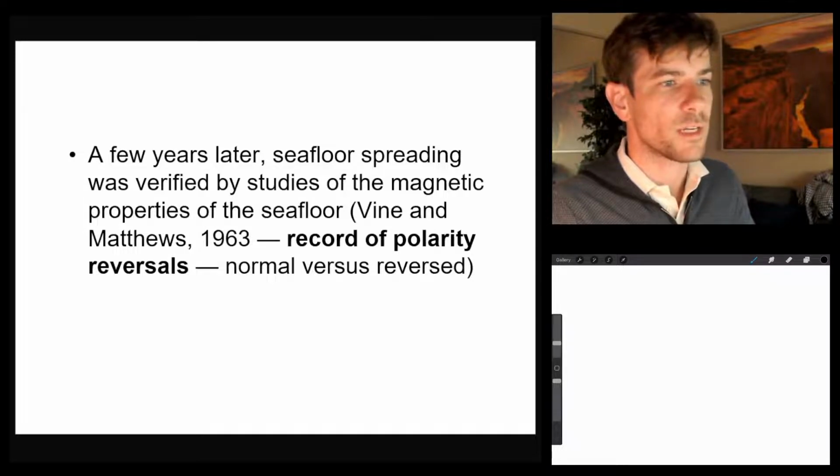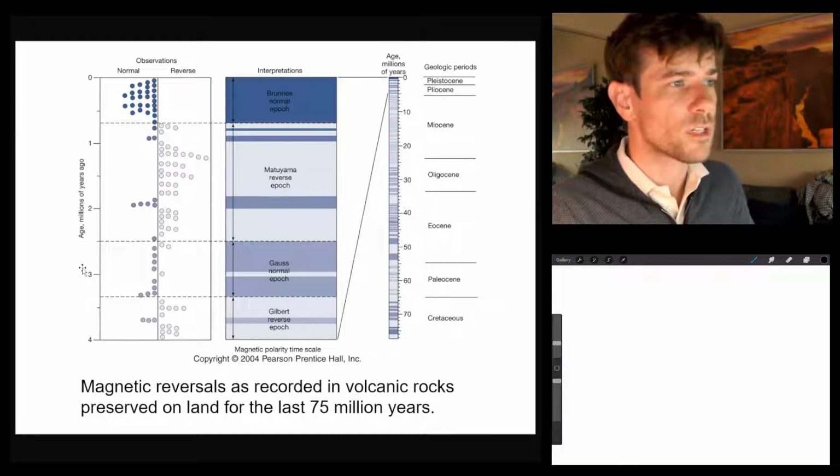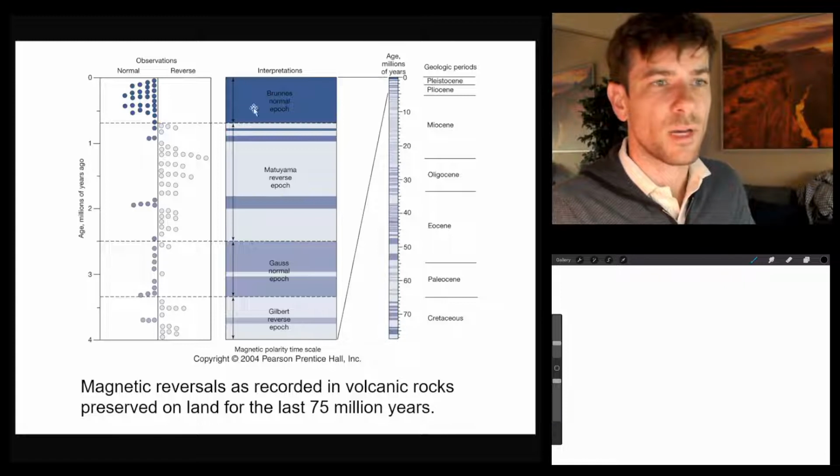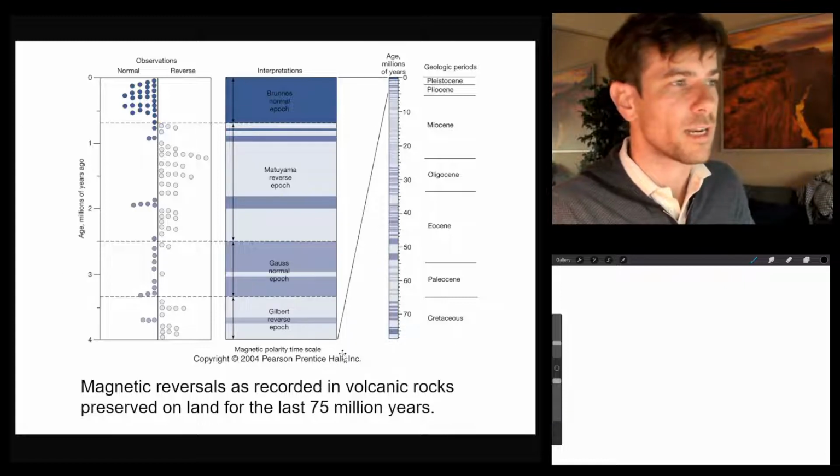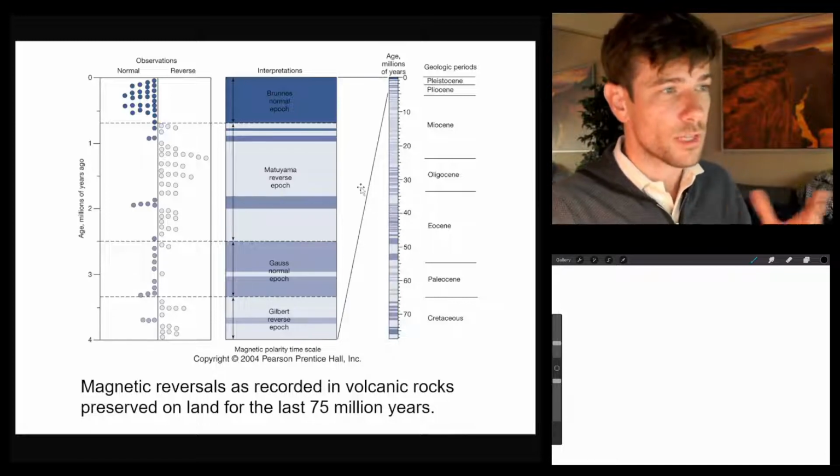We talked a bit about the initial evidence for seafloor spreading. It came initially in the form of magnetic polarity reversals, and the history of magnetic polarity reversals of the Earth as a whole.